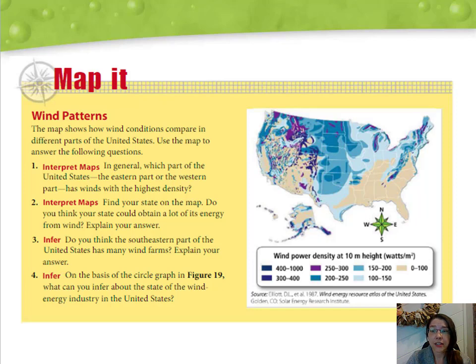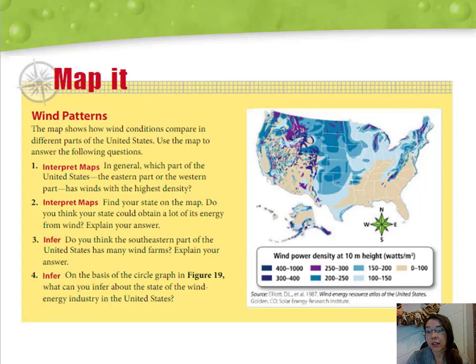Number 3 asks us, because we were right in that southeastern part of the United States, do you think the southeastern part of the United States has many wind farms, and explain your answer? That goes along with number 2 that we just answered. No, there's not a high wind power density in the southeastern area.